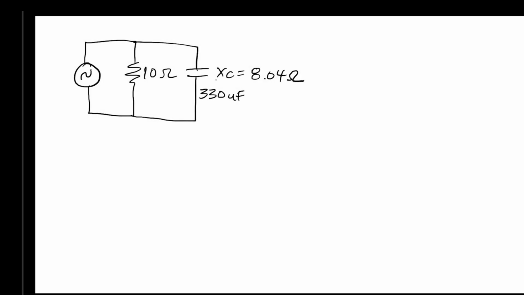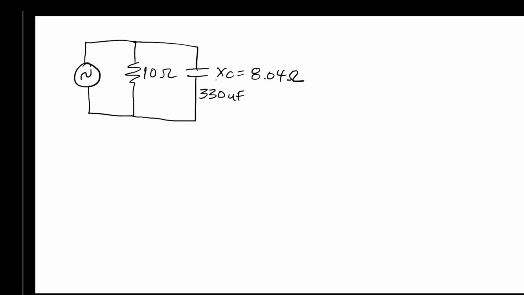Okay, so now we're looking at the parallel example and using the same values we did in series. We have our 10 ohm resistor in branch 1 and, in branch 2, the opposition of 8.04 ohms as the reactance value from that 330 microfarad capacitor.